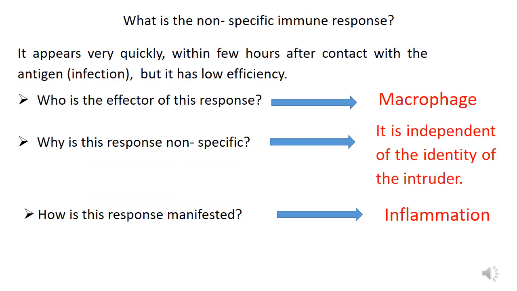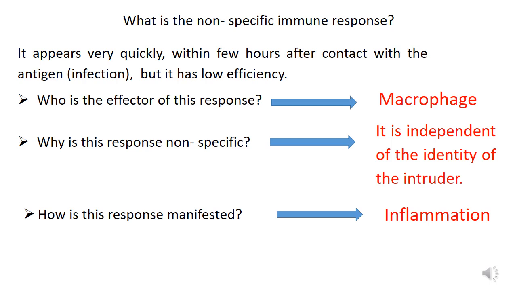As we said earlier, if the natural barrier is damaged, then this will stimulate a first immune response to be triggered. It is the non-specific immune response. It appears very quickly within few hours after contact with the antigen, but it has low efficiency.